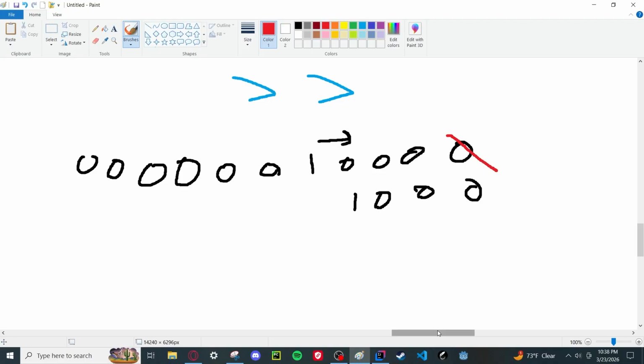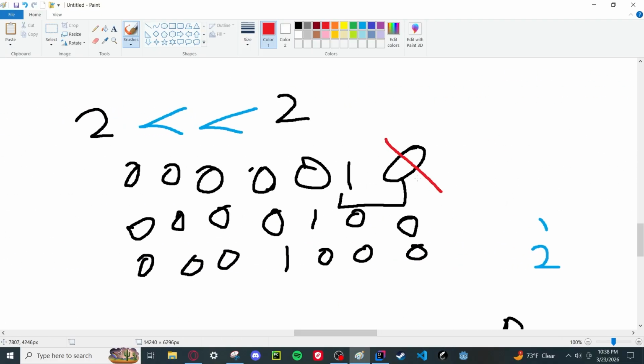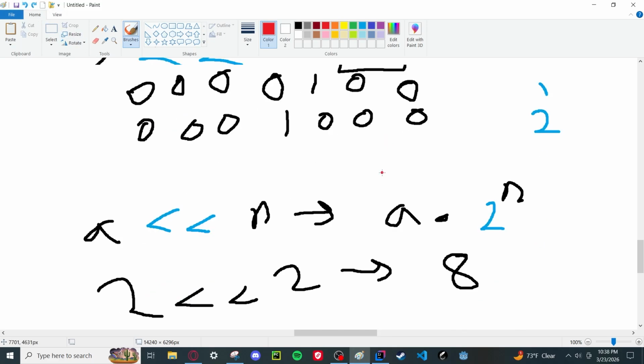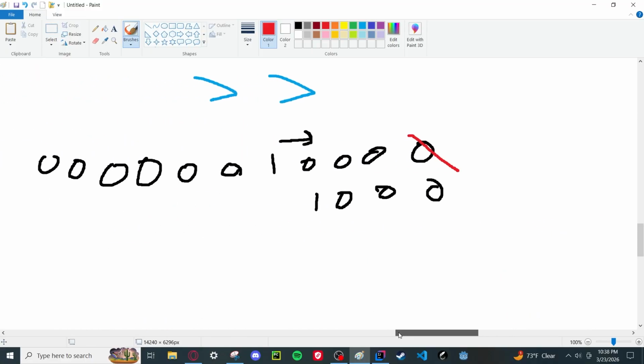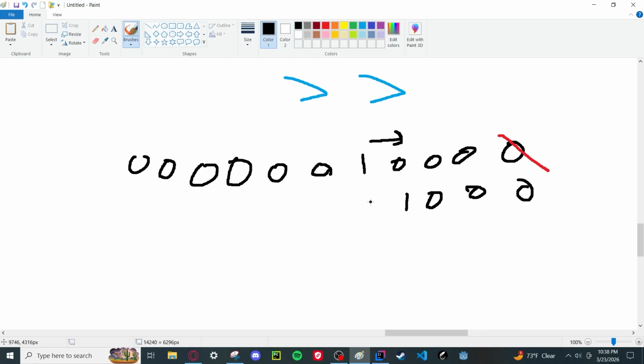Just like how in this, we lost that 0. Or that's left shift, sorry. In this, we lost that 0 and we lost that 1. In this case, we're losing that 0. And we keep shifting, right? And as we keep moving to the left, we gain zeros on the right.